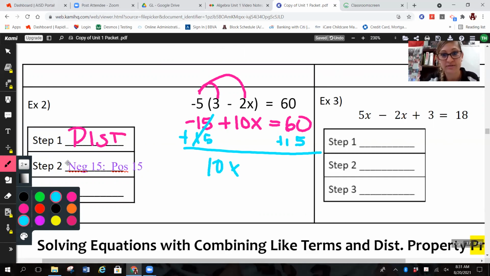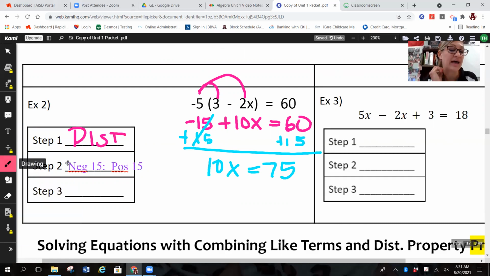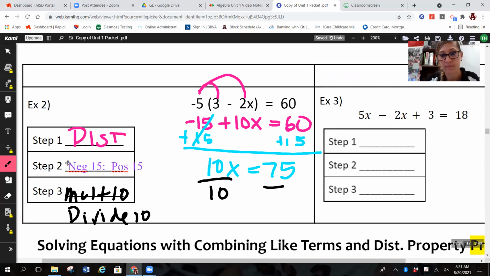So 10x equals 75. And last of all, what do I see? I see a multiply by 10. What will I do? I will divide by 10. So my answer is 7.5.